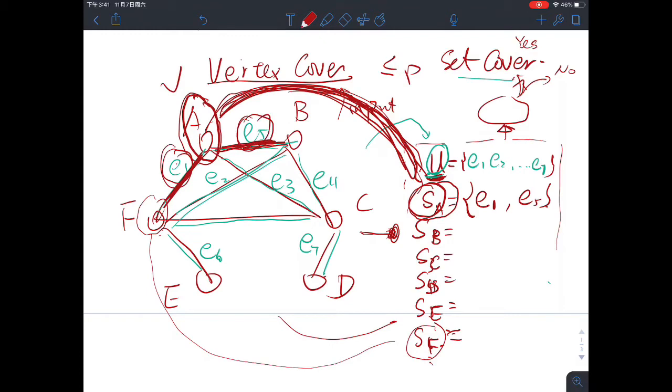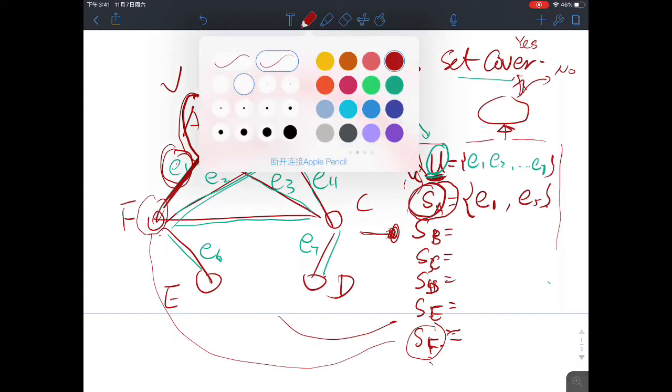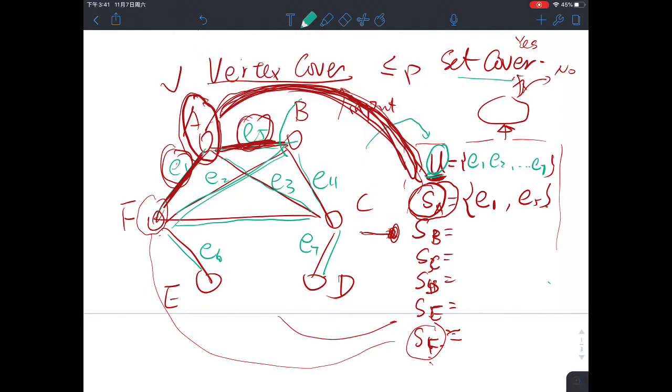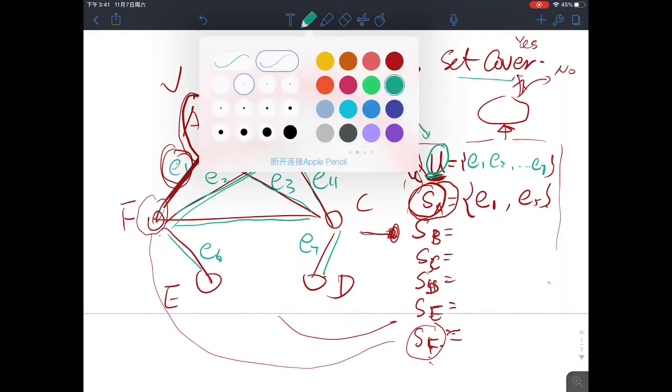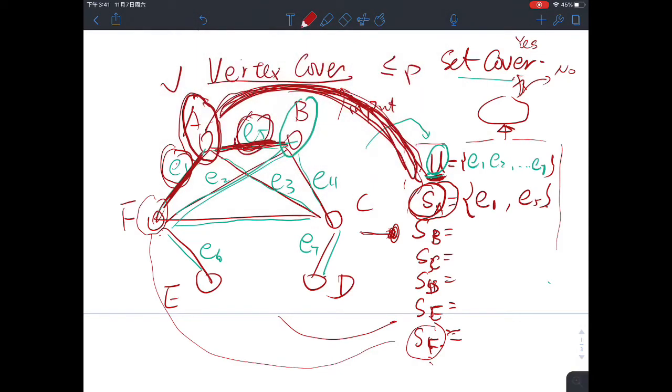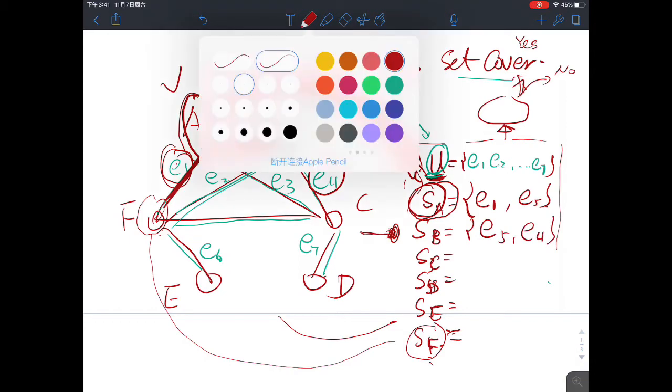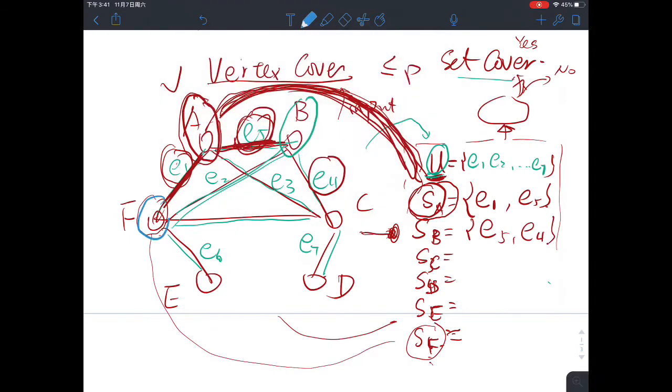Now we can repeat the same process. If I pick up the vertex B, then I'm able to cover the edges E5 and E4, so I let SB be E5, E4. Now F is a little bit more interesting. When I cover F, I'm able to cover quite a number of edges.